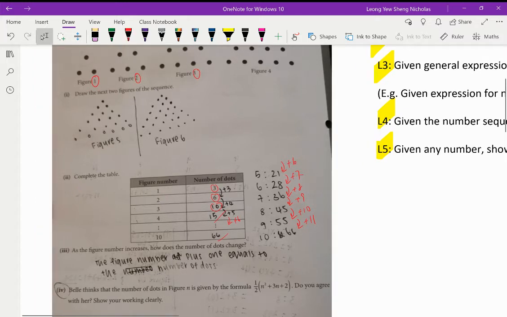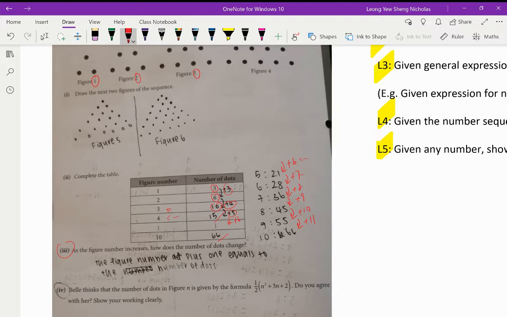Okay, so part 3 asks you, as the figure number increases, how does the number of dots change? So from figure 1, in order for me to get to figure 2, I need to plus 3. To get to figure 3, I need to plus 4. To get to figure 4, I need to plus 5. To get to figure 5, I need to plus 6.